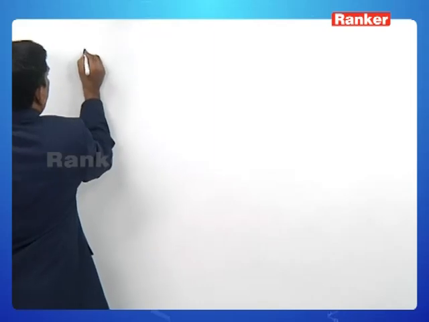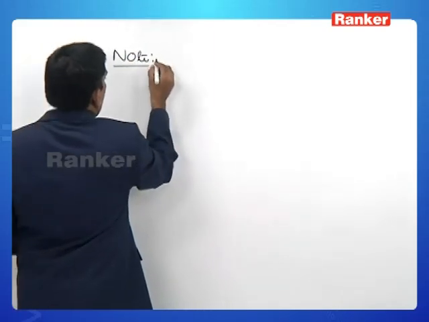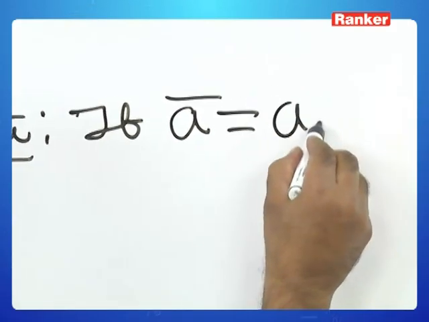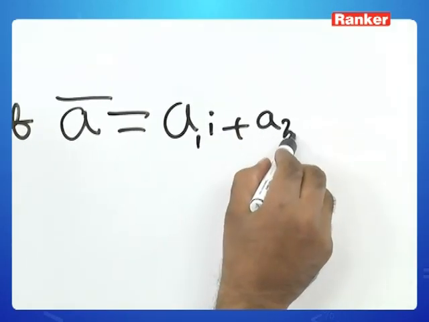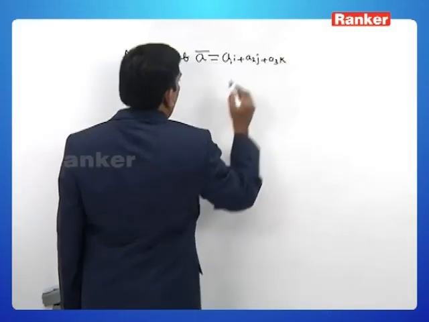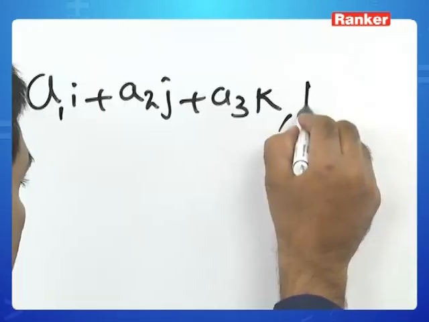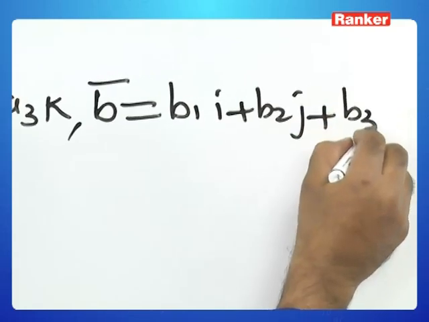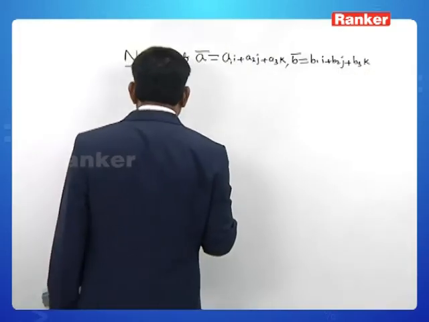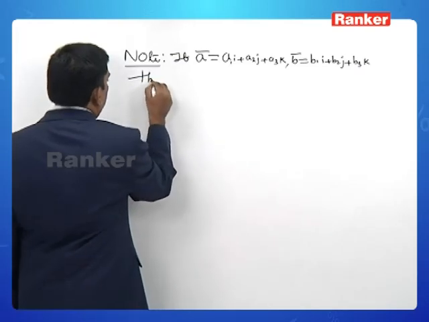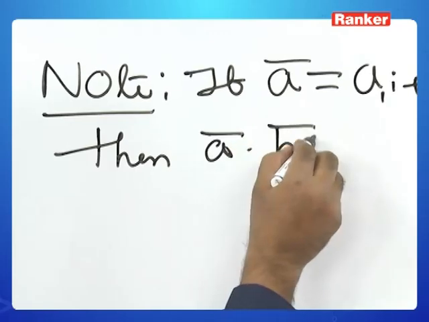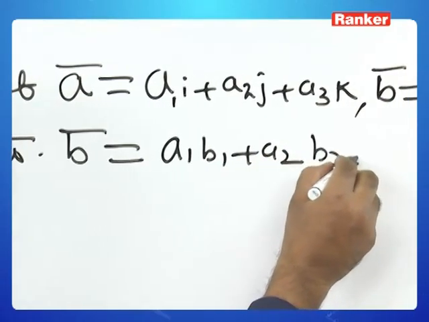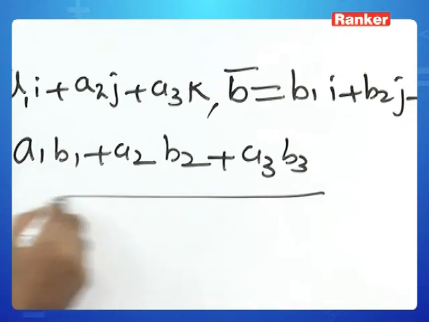Right. Note, if A bar is equal to A1 i plus A2 j plus A3 k, B bar is equal to B1 i plus B2 j plus B3 k, then A bar dot B bar is equal to A1 B1 plus A2 B2 plus A3 B3.